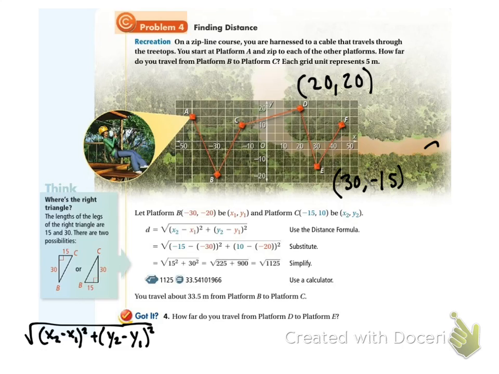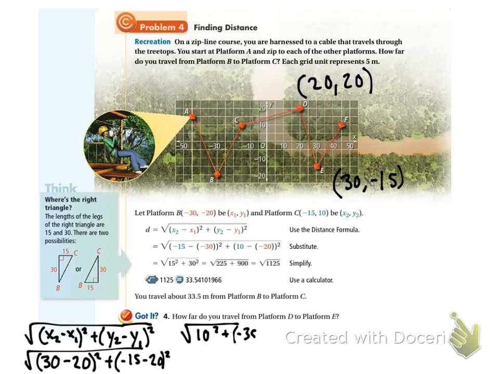I'll take this one as my second point. So I'm going to do the square root of 30 minus 20 squared plus negative 15 minus 20 squared, which gives me the square root. 30 minus 20 is 10, so that's 10 squared, plus negative 15 minus 20 is negative 35, and that's squared as well. 10 squared is 100.